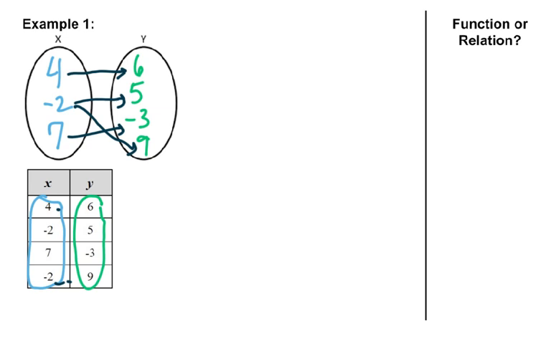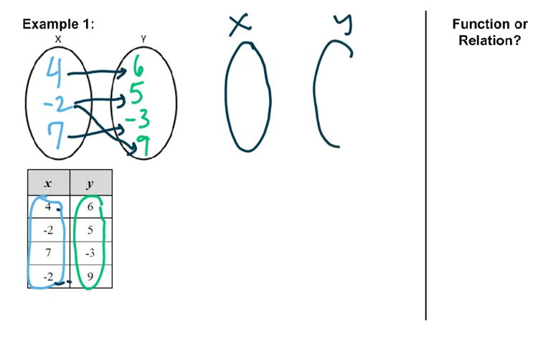Okay, now let's evaluate this in terms of what we know a function is. We know a function has one x that goes to one y. Now, look at how this one x in this example problem actually goes to two different y's.